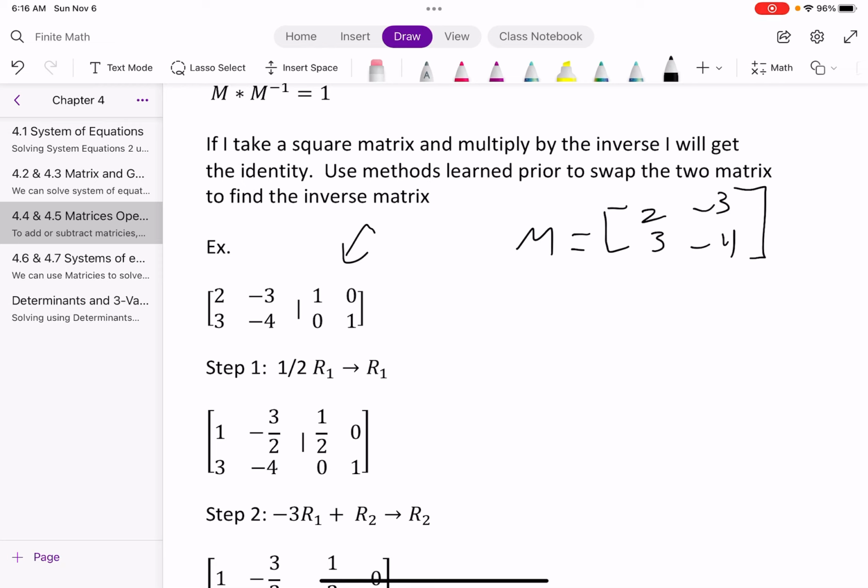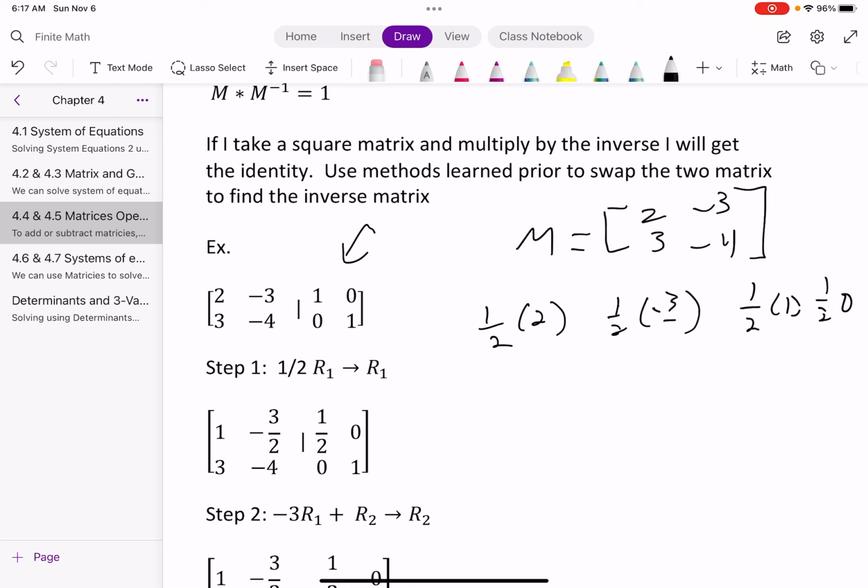So if I do 1/2 of row 1, multiply row 1 and then replace row 1, right? That's what we did last week. I'll do a few of these just as a refresher. Half of 2, and then 1/2 of negative 3. And you have to do it to the identity matrix as well, so 1/2 of 1, and then 1/2 of 0.